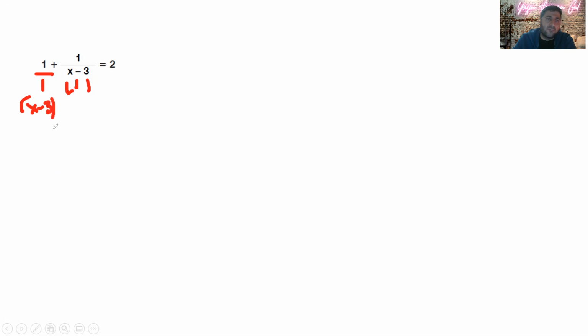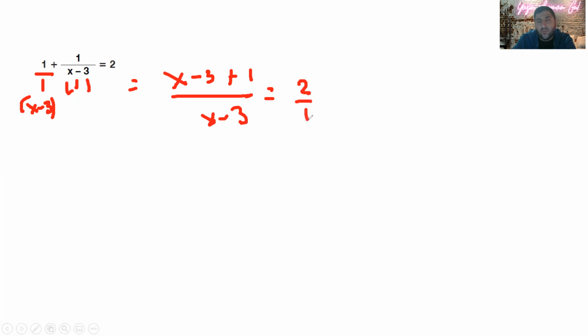So, if you work like that, x minus 3 times 1 will be x minus 3, over x minus 3, plus 1. I'm just going to write the same thing over x minus 3, and that equals 2 over 1.